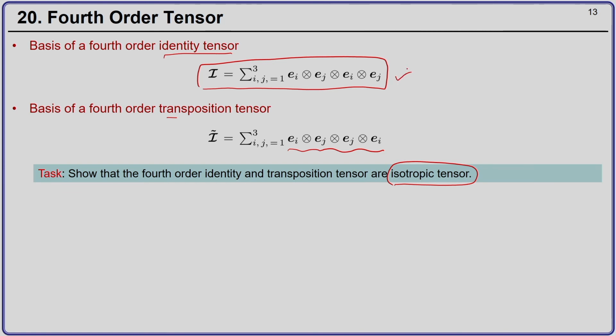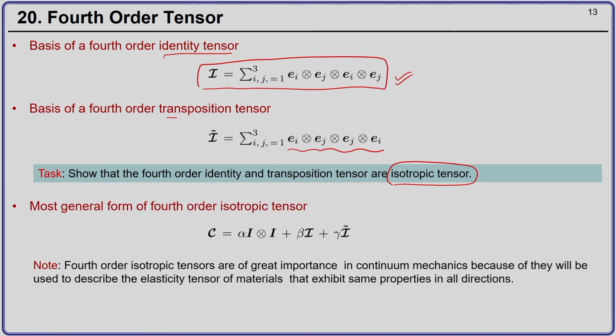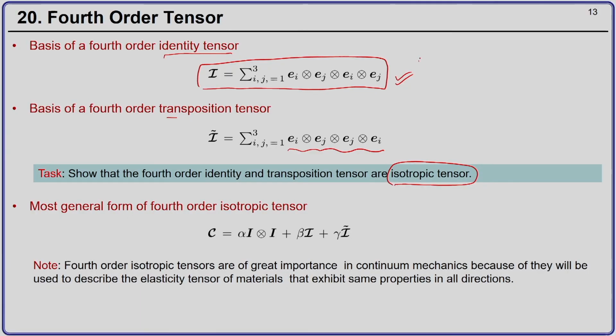So, what you have to do is write these relations over here in the prime basis, and because E_i, E_j, E_k, E_l are base vectors, you know the relation between E_i dash and E_i. Use this in the expressions over here, and then you can show that the components of, say, the identity tensor in the prime basis and the unprimed basis are both the same.